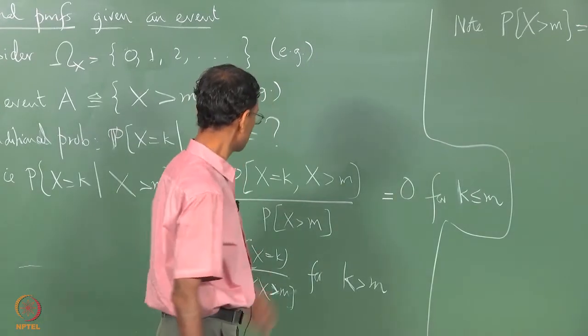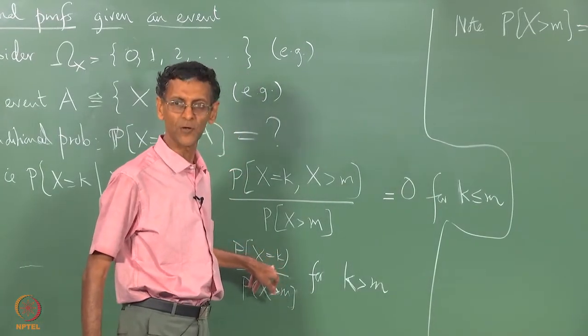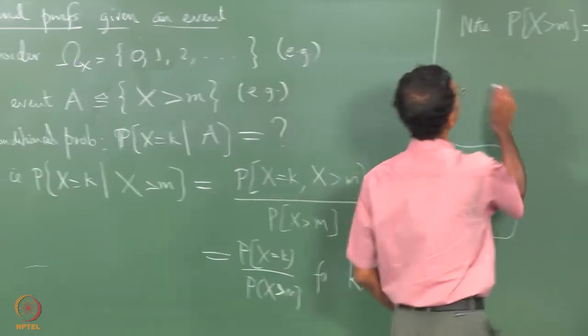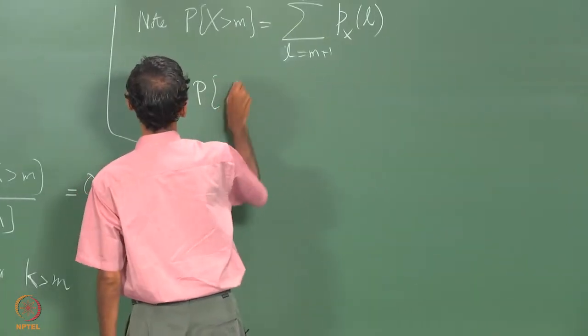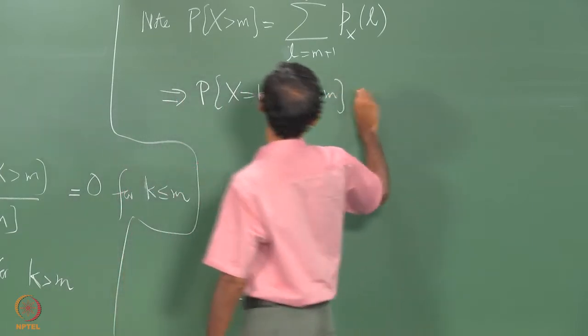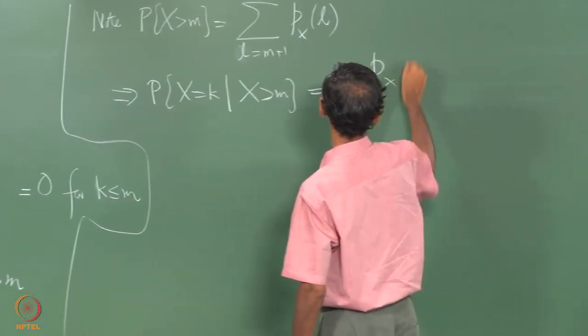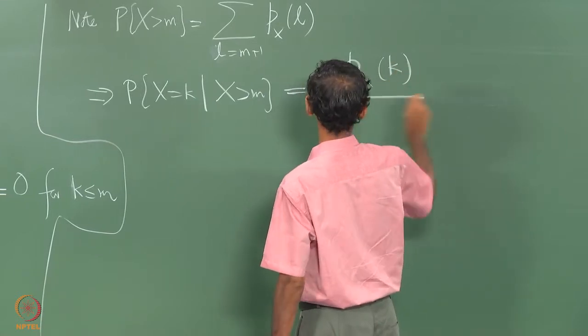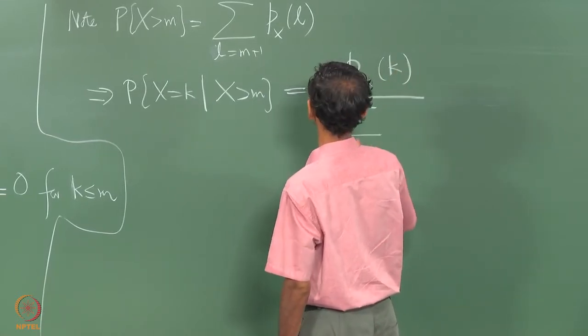And the numerator is just the unconditional PMF that you started off with. So the probability of x equal to k given x is greater than m is basically Px of k divided by this.